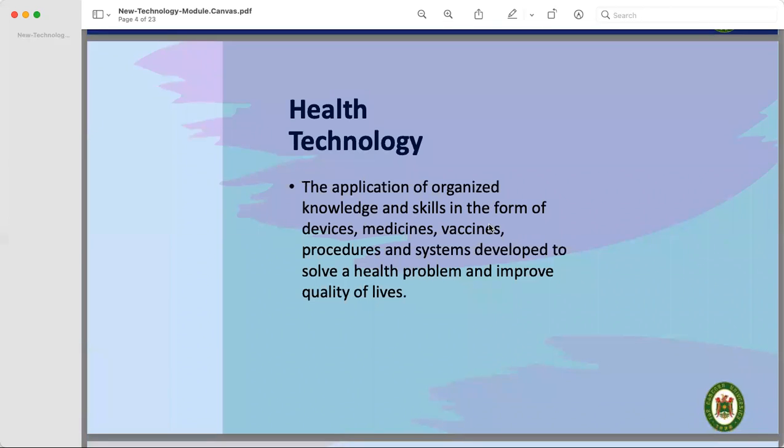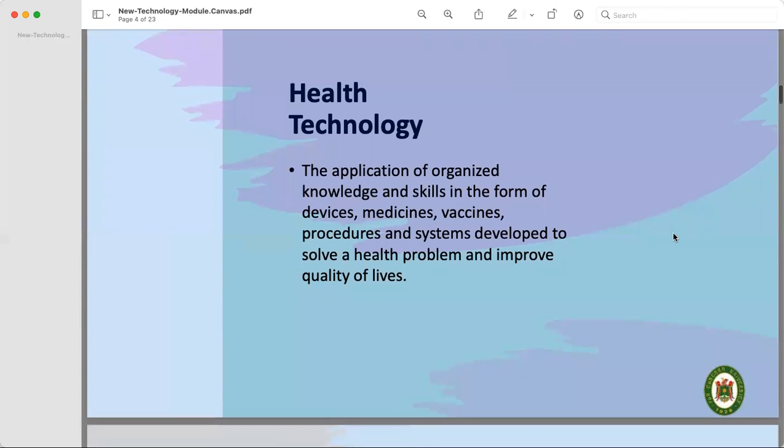On health technology, it is defined as the application of organized knowledge and skills in the form of devices, gadgets, medicines, vaccines, procedures, and systems that are developed to solve a health problem or to facilitate the resolution of health problem or achieving better health outcomes, and consequently improve the quality of lives of the people.